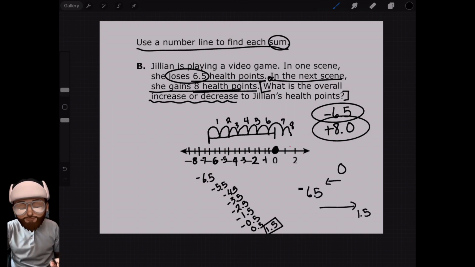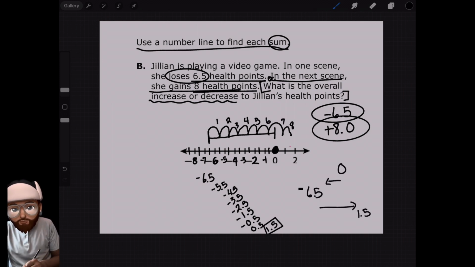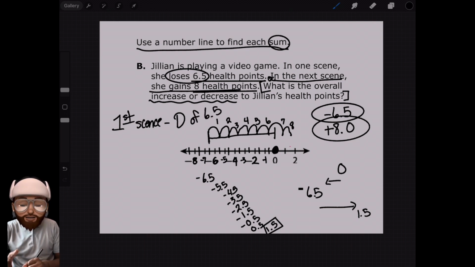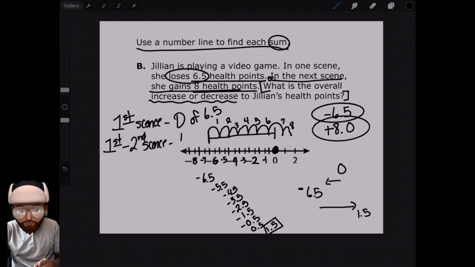So let me write that out. First scene: decrease, represented as D, of 6.5. Second scene: increase of 8.